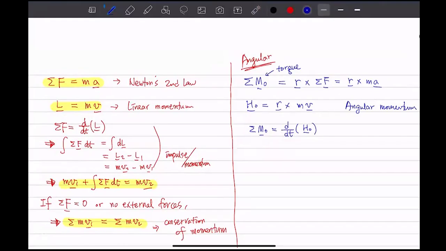If I just write that down, the integral of all the torque dt is going to be dH naught, right? And that's H2 minus H1.